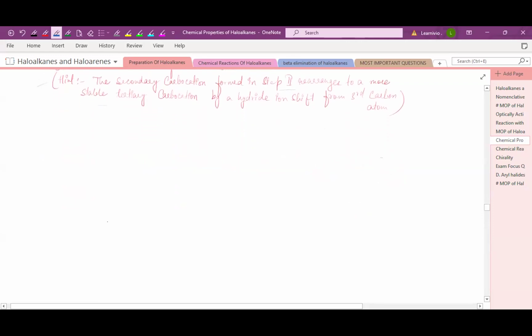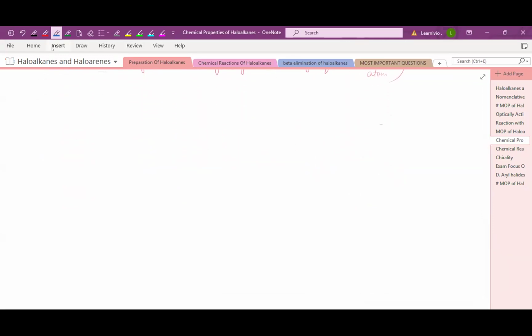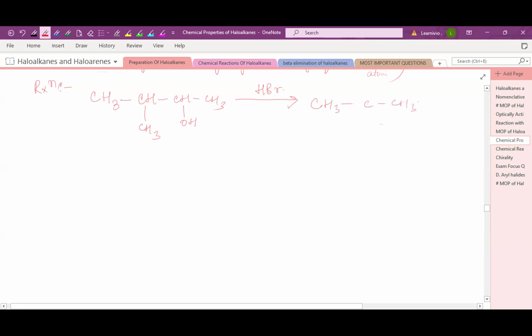Let's understand the mechanism step by step. So the reaction was, try to understand and please write down along with me. CH3, CH, and here there is an OH group, and here CH3. So this is your 3-methyl butane 2-ol. When it is treated with HBr, hydrogen bromide, you will get CH3, C, CH3, CH3, and here CH3, and here bromine.